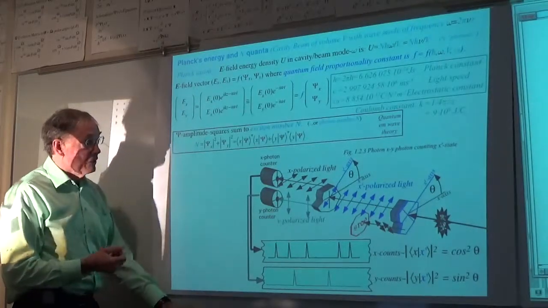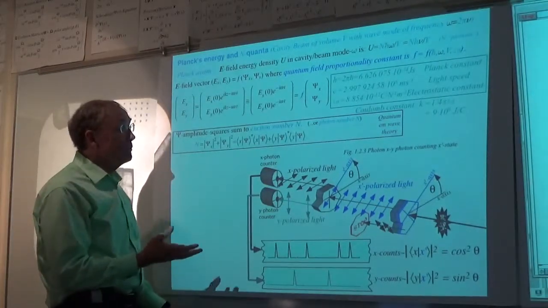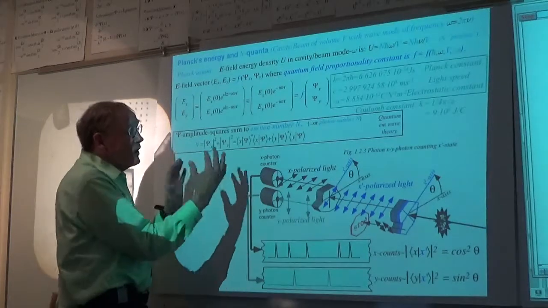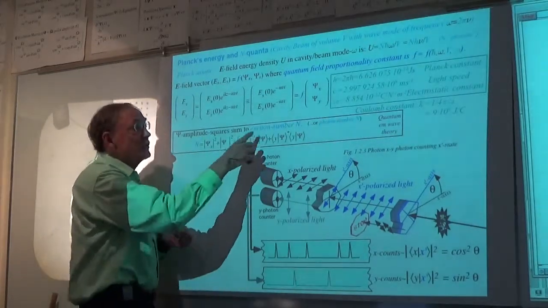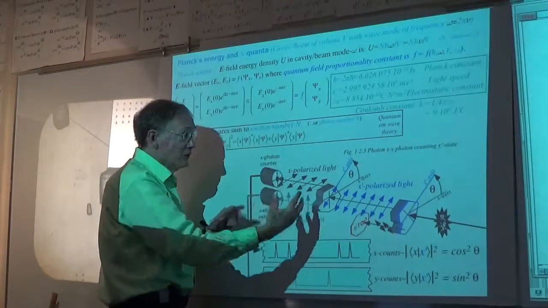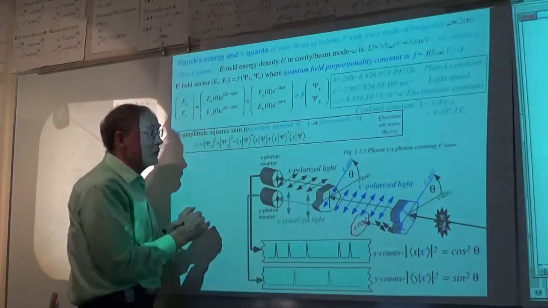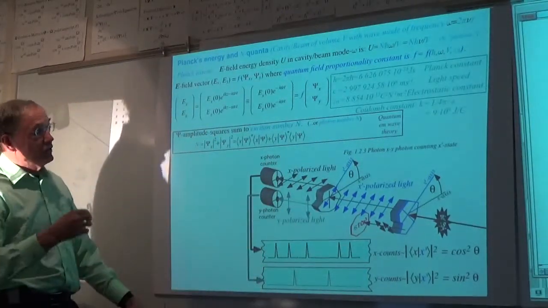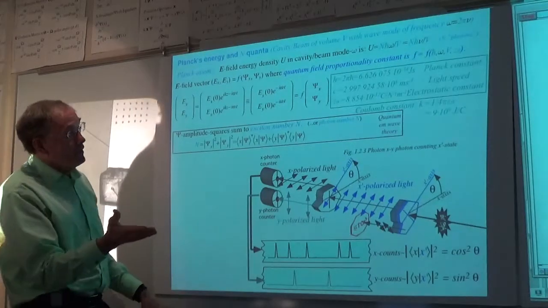Basically, we'll be talking more about Poynting flux. But inside a cavity, we'll be interested in the number per volume. The photon number is what this is called, because each quanta has been given the name photon.